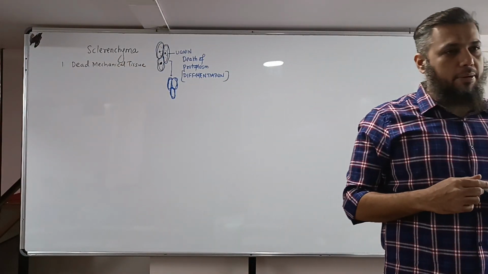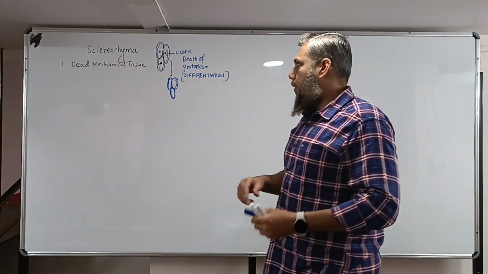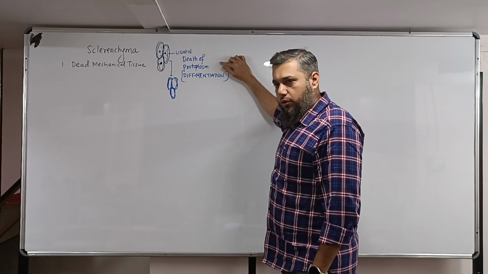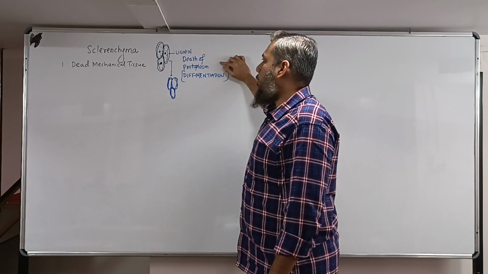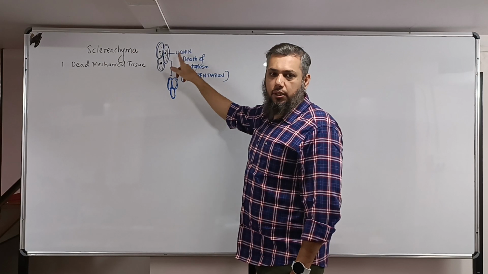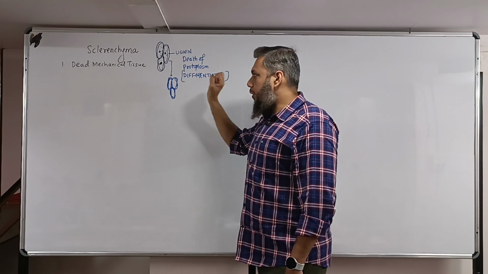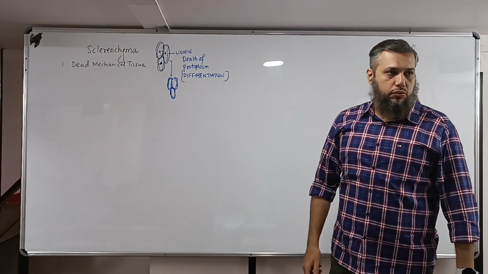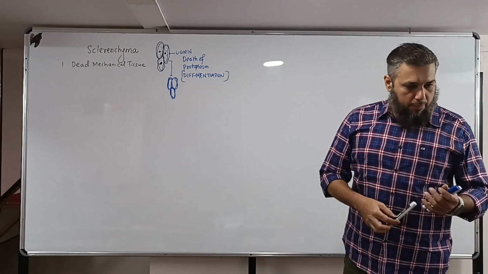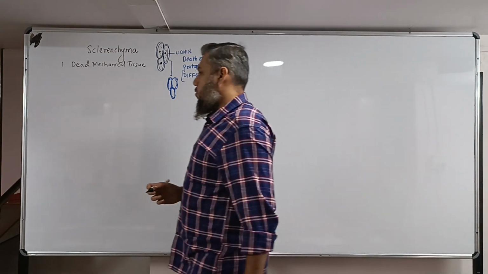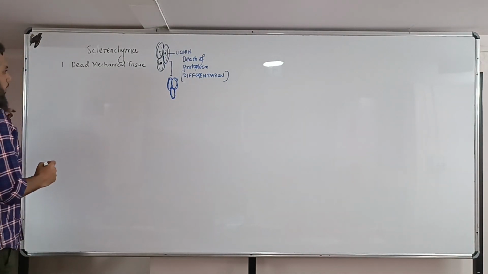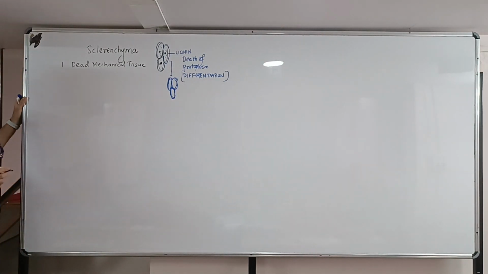How did the birth of sclerenchyma take place? There was death of protoplasm due to lignification, and that will come under what? Differentiation of a living tissue into a dead tissue. Correct, everybody? Okay.